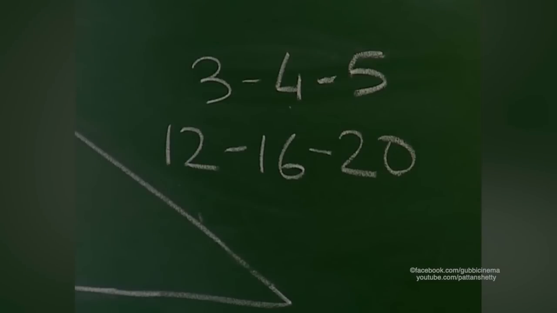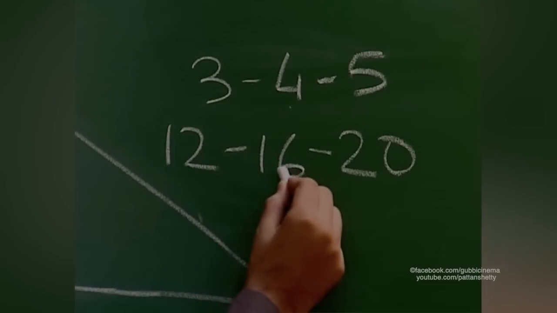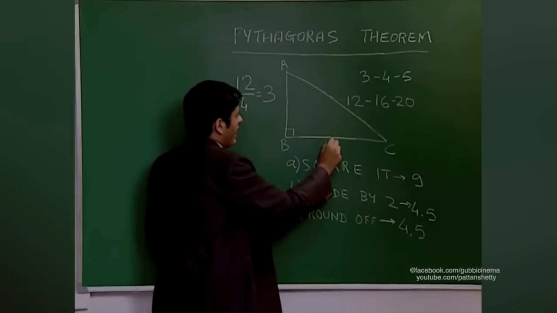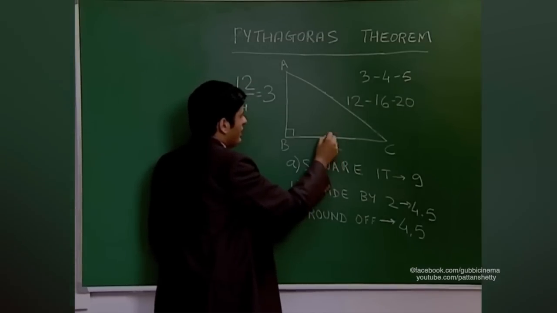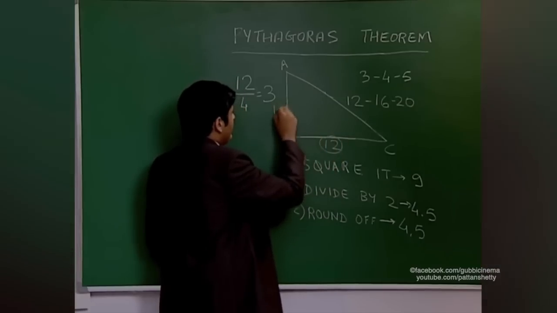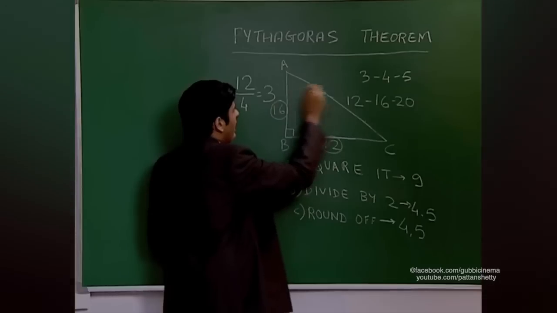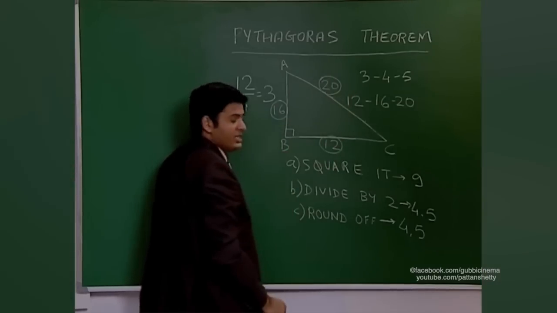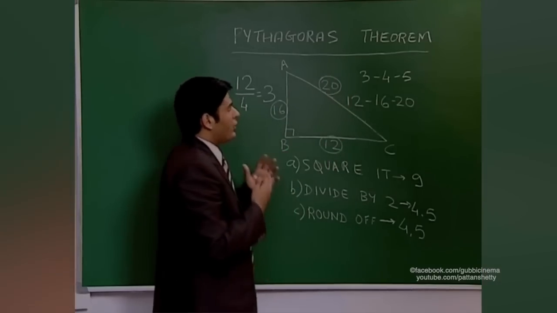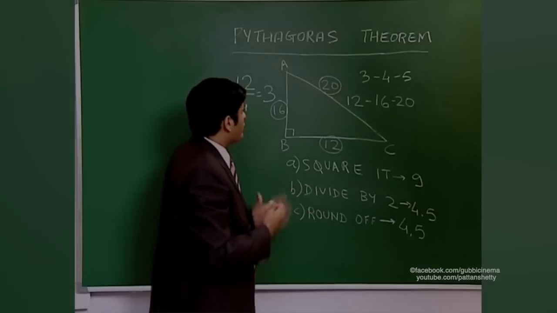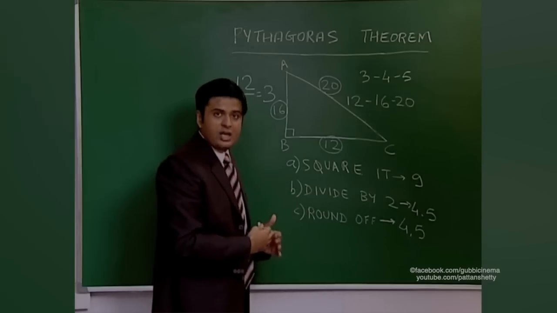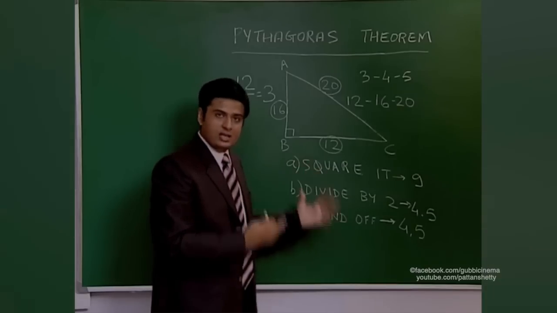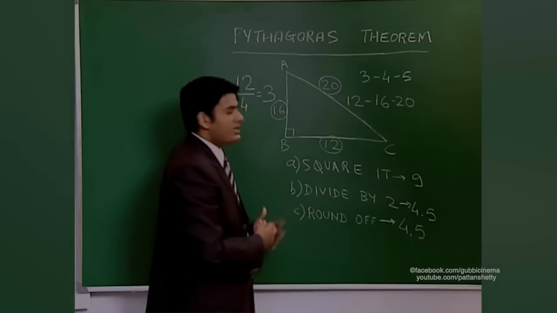So my triplet becomes 12, 16, 20. With this we have seen how we can use the Pythagoras theorem to find two sides of a triangle where only one is given. We had seen both the examples, odd numbers as well as even numbers. So this study is over.